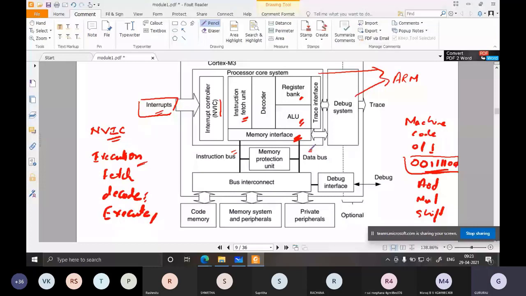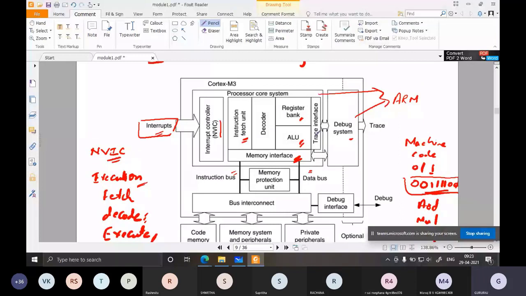Along with that, you can see there is a debug system. What is the use of debug? As I told you, to see the contents of this processor core, what is happening inside the processor core. It will act as a microscope. You can treat this debug system as a microscope, so that using this microscope you can peep into the core of the processor.